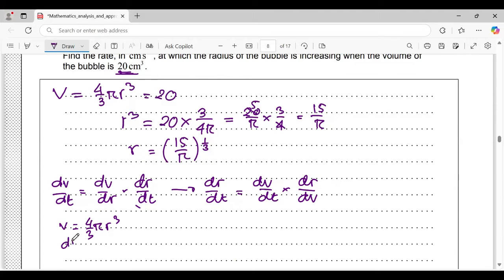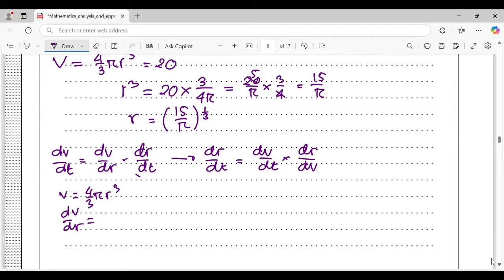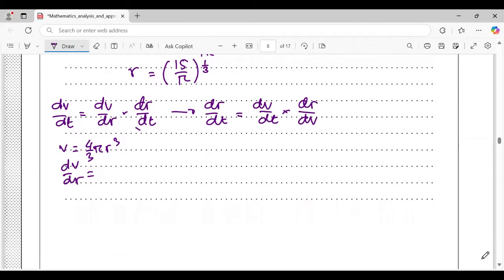So dV/dr is 3 times 4/3, 4π r squared. And dr/dV, the opposite, is 1 over 4π r squared, like that.